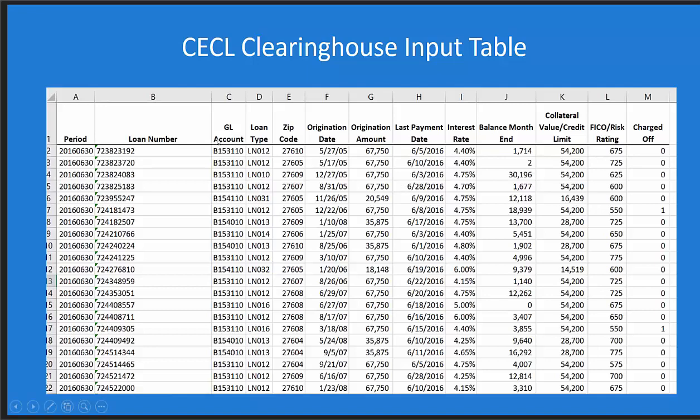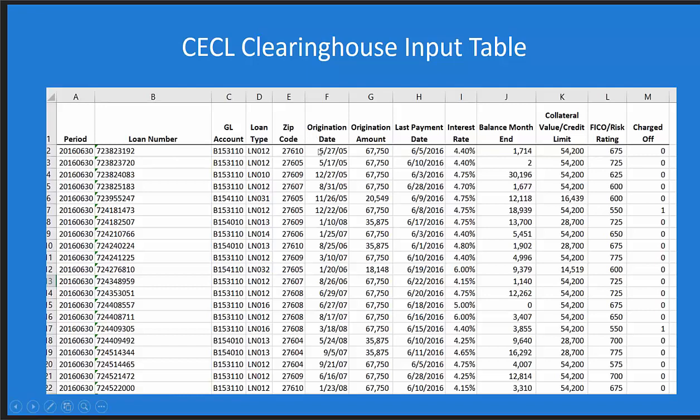Loan type, this could be collateral code, call report code, but this is going to be our mapping to the various segments on the call report. Is it a credit card? Is it a mortgage loan? Is it commercial real estate? So loan type. So these are all columns B, C, and D, just identifiers that'll tie us back to the note that'll allow you to do reporting down the road.